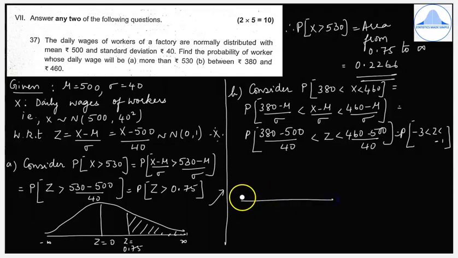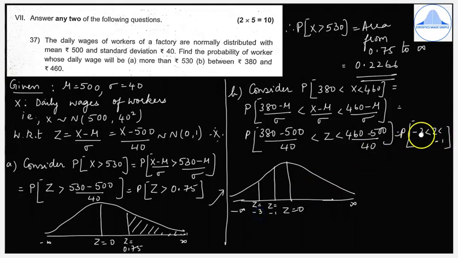Next, again you draw the standard normal curve. So this is z equal to 0, minus infinity, infinity. First mark minus 1 and minus 3. Both are negative, so they will come on the left tail of the curve. So this is z equal to minus 1, and here somewhere you can mark z equal to minus 3. Now z is lying between these two values, so you have to shade only between these two values.